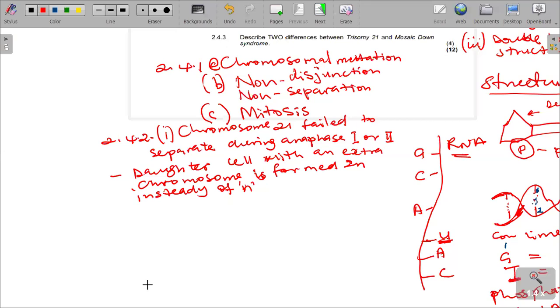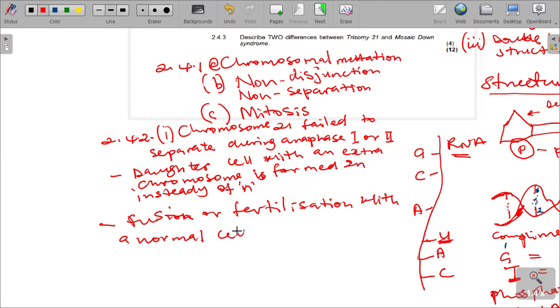So what is happening is that the daughter cell that is being formed, we are saying fusion or fertilization with a normal cell will happen.